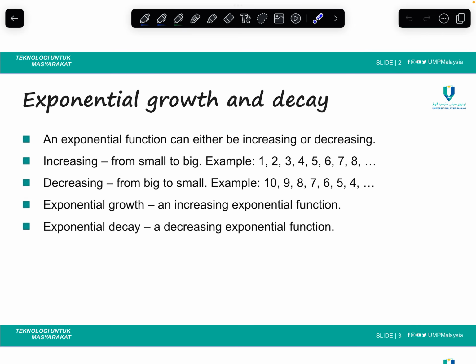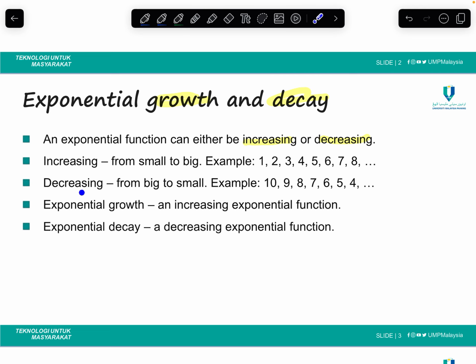So we have two kinds of trend, growth and decay. As we know, growth relates to an increasing function and decay relates to a decreasing function, as an exponential function can either be increasing or decreasing. Increasing means the number goes from small to big, for example, 1, 2, 3, 4, 5, 6, 7, 8, and so on.